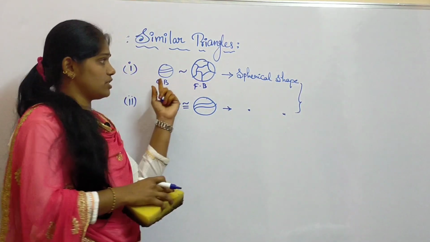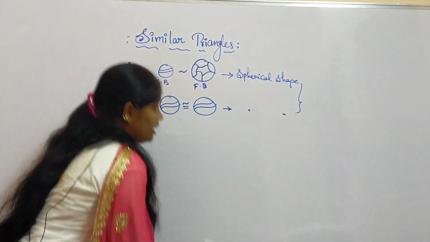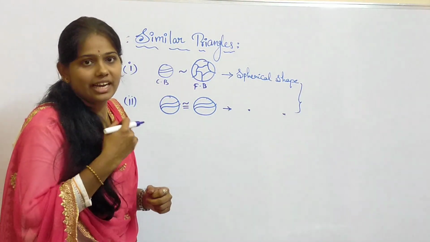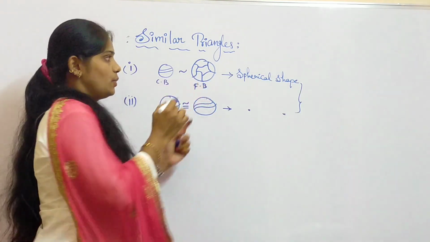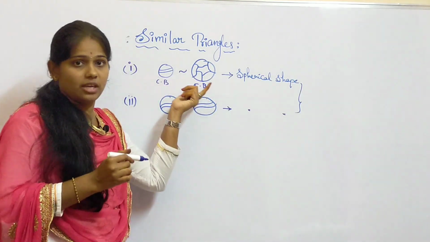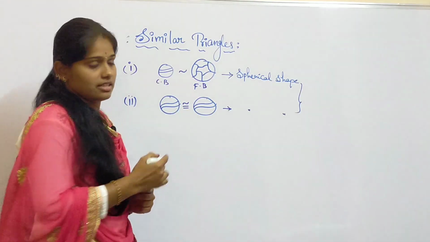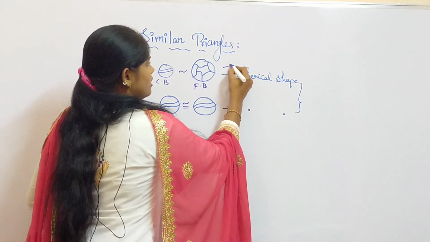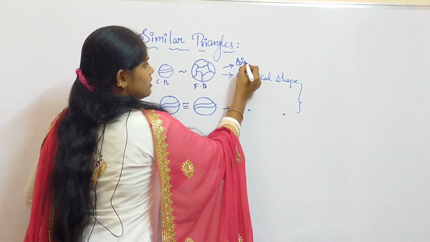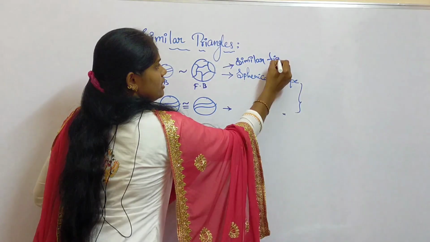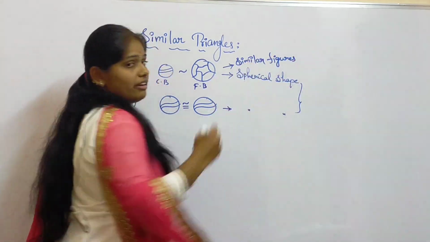Now again carefully observe the first case and the second case. Here I am saying these two are similar figures, right? Which means the two geometrical shapes which have the same shape and different sizes are said to be similar figures.